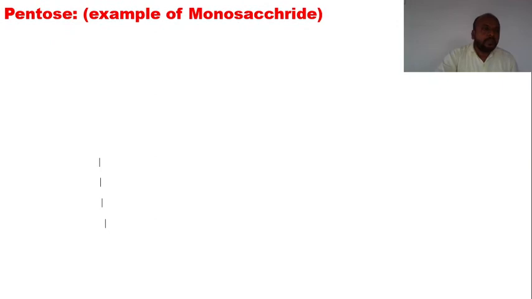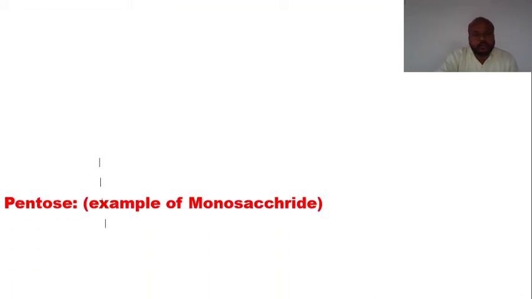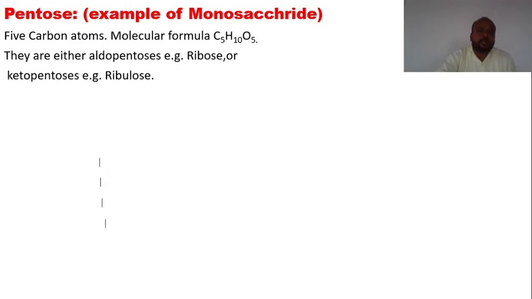Then there is one example for your study, in pentose. The pentose is one group of monosaccharide. Here the examples are ribose or ribulose, and the molecular formula is C5H10O5.